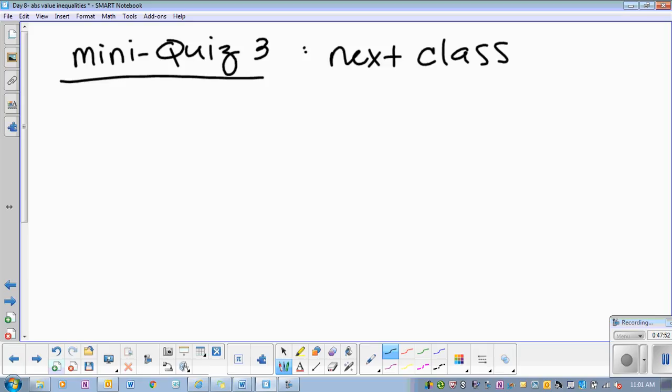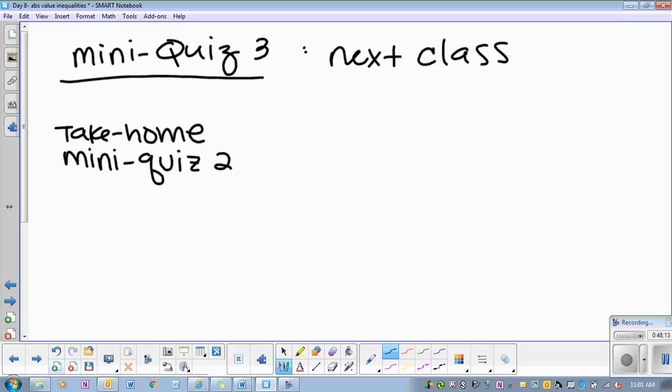Here are a couple of other dates. If you have your planners, where you keep all your assignment due dates, take that out. If you put it into your phone, okay, you can put this into your phone, all right? Take home mini quiz 2.